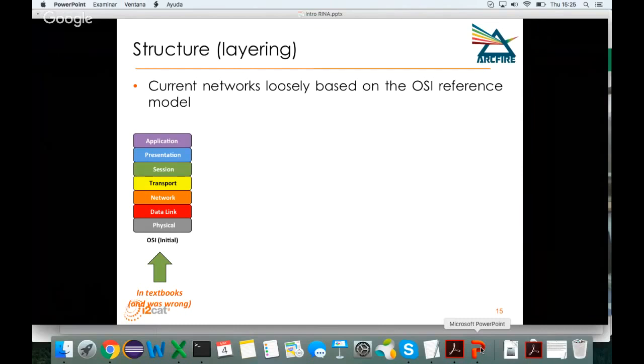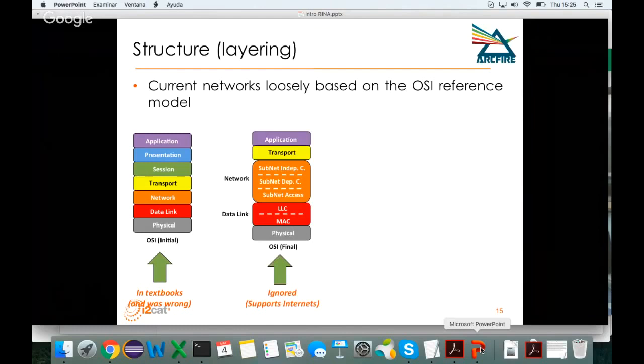But in fact, this was not the final OSI model. This was the initial one, and it was wrong. Even in OSI documents, they corrected that, and they have a layered model that is this one. So this is the real, the final OSI network architecture. You have applications, since they figured out that these 3 upper layers were just one, the application layer.